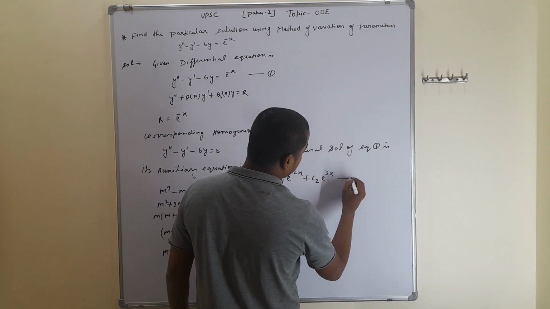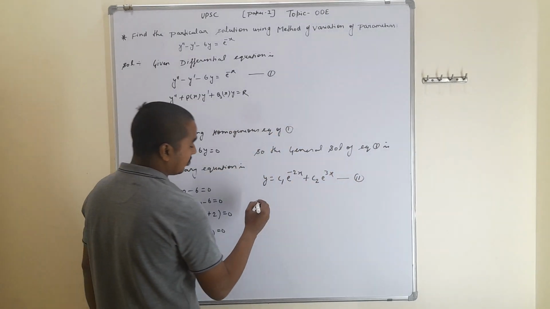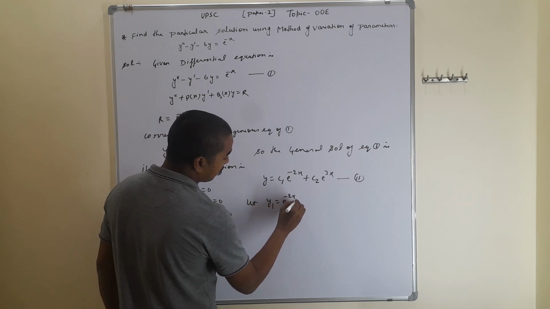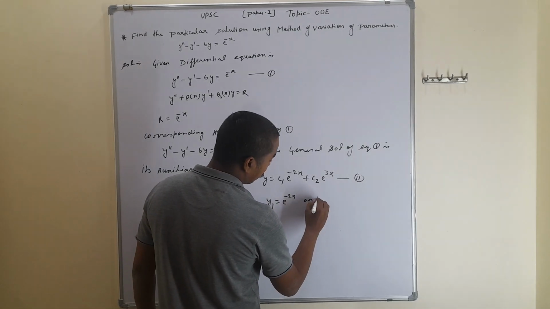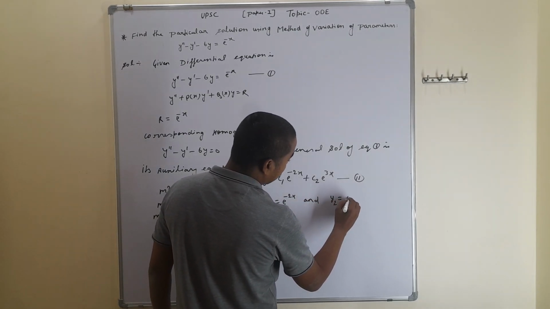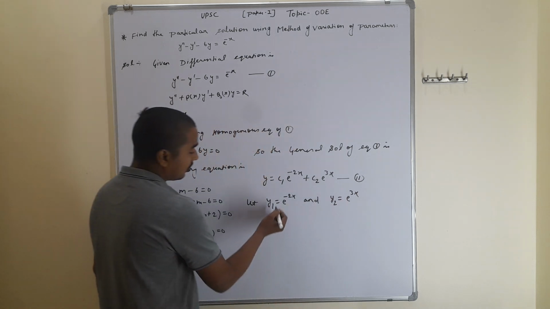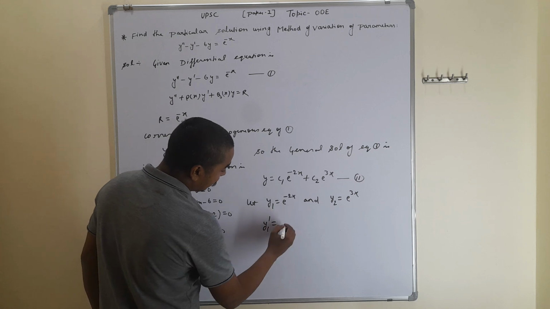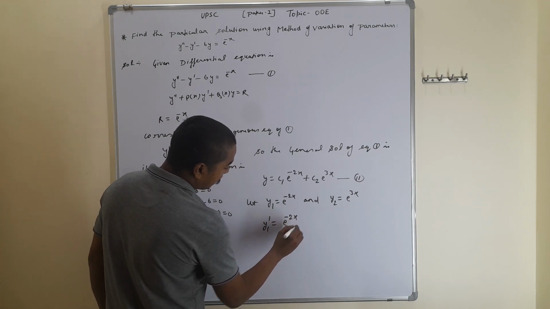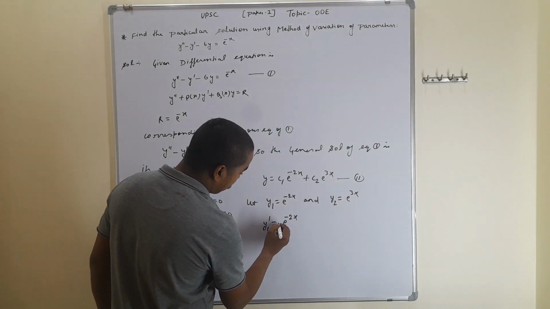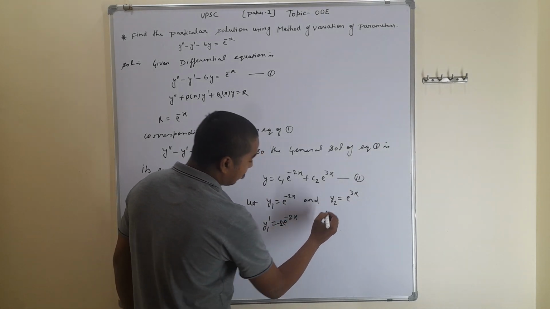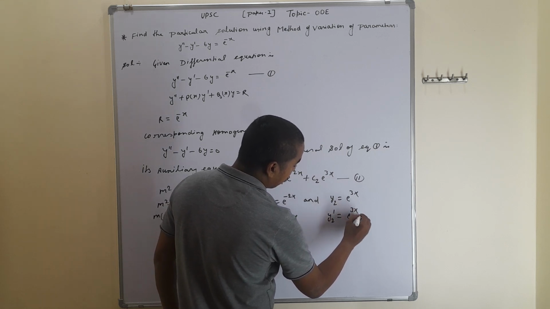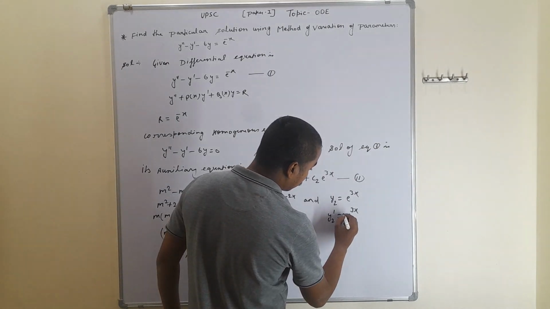This is equation 2, and from here let y1 is equal to e to the power minus 2x and y2 is equal to e to the power 3x. Then we have to find y1 dash, that is y1 dash is equal to e to the power minus 2x, and differentiation of minus 2x is minus 2, and y2 dash is e to the power 3x, and differentiation of 3x is 3.